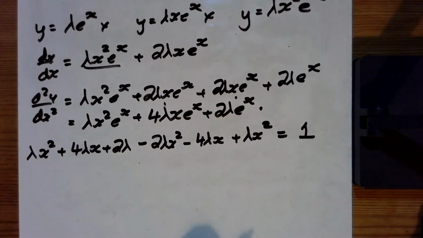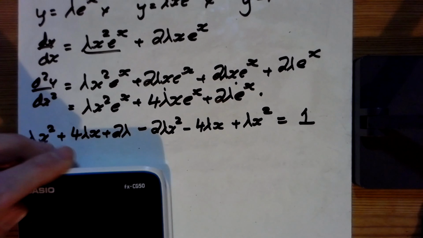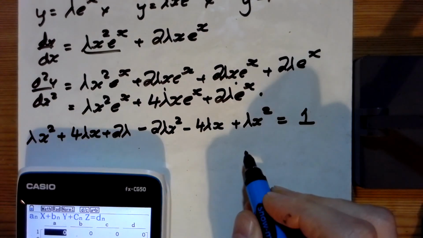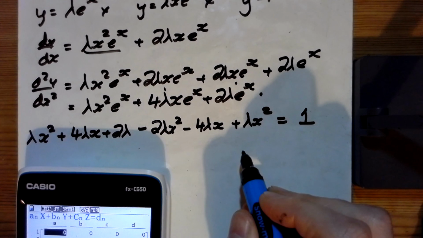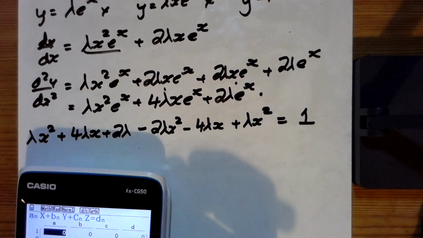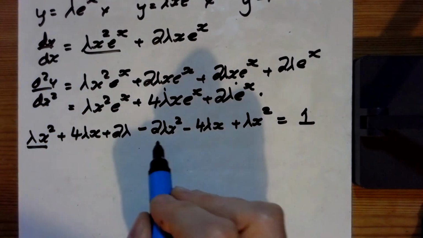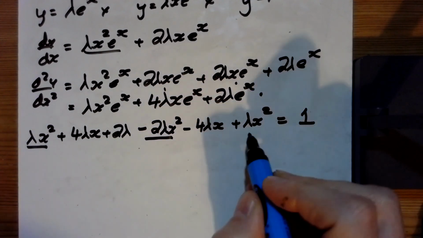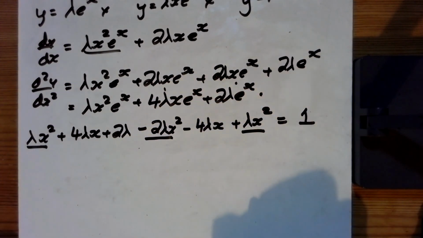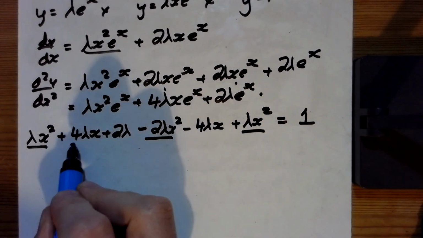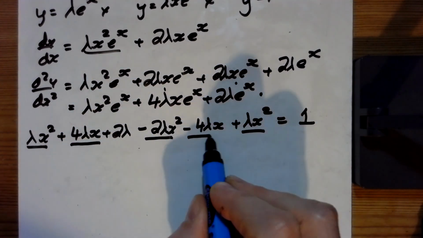Right, having made a mistake in the last one, I'm going to use the simultaneous equation solver here. So x squareds, actually, do we need to? Lambda x squareds minus 2 lambda x squareds plus lambda x squareds. That works because we don't want any x squareds. Then x's. 4 lambda x, take away 4 lambda x.